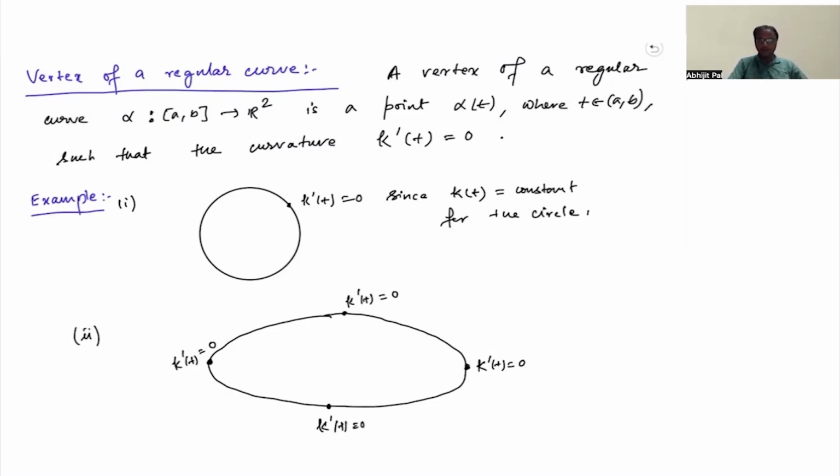These are my 4 vertices for this ellipse. Now let us take any regular simple closed curve which is convex. We'll prove that there exist at least 4 vertices.